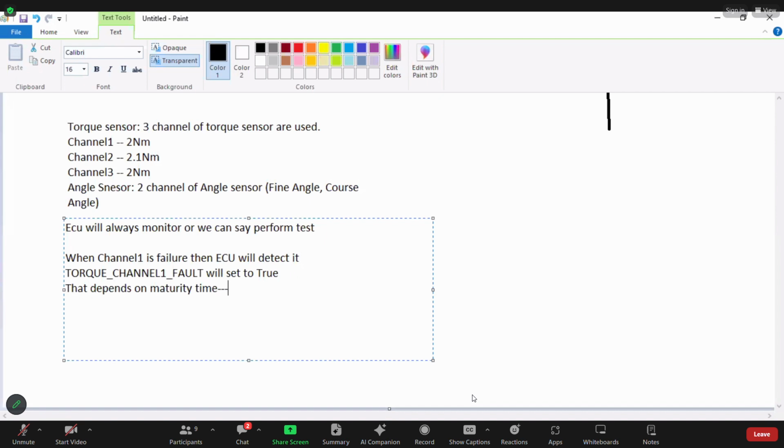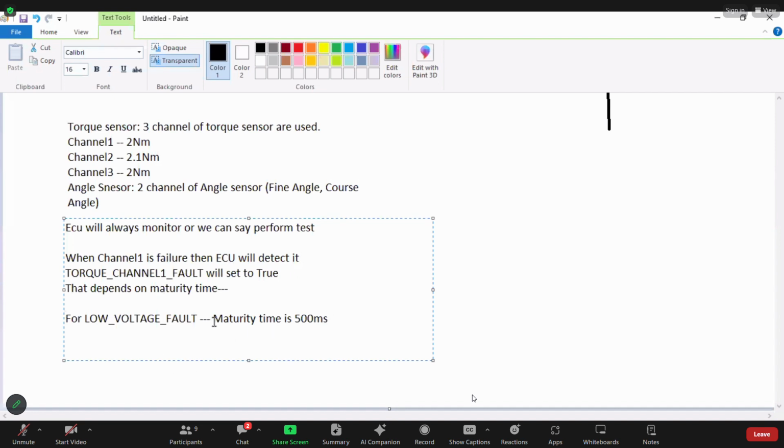For some non-critical faults, there can be a maturity time. Let's say for low voltage fault, the maturity time is 500 millisecond. Understood?